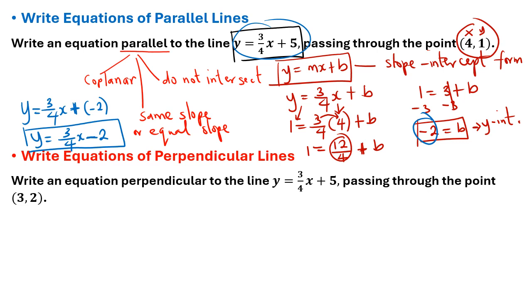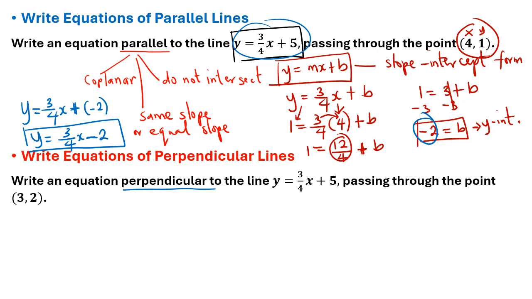Let's look at how you can write the equation perpendicular to the same line. For two lines to be perpendicular, they have to be in opposite directions. The way we compare their slopes is different from the way we compare the slopes of parallel lines.